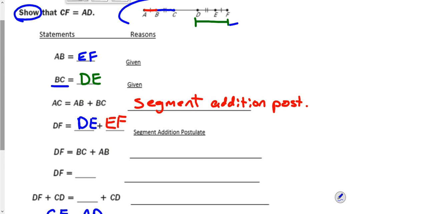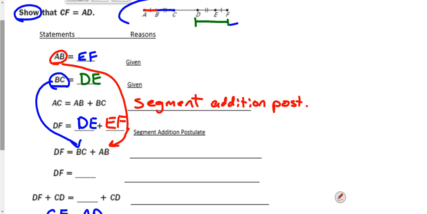So we've taken DE and substituted in BC. And then we also see EF is equal to AB. So we would take that and substitute it in for EF.